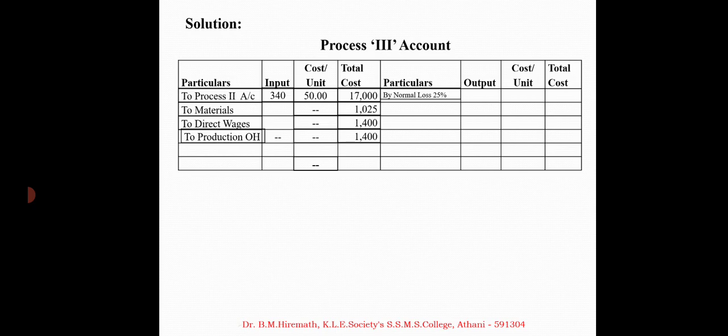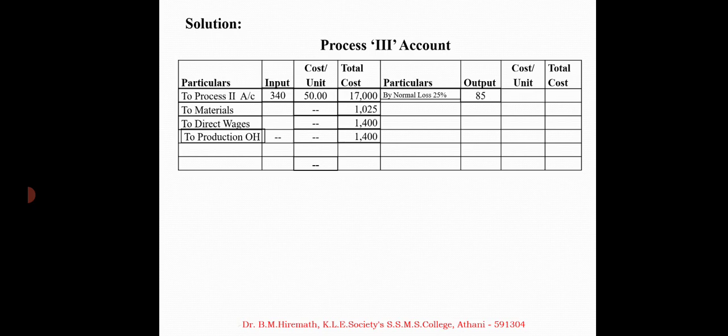Normal loss of process 3 account is 25% of the input. Total input for process 3 account is 340 units. 25% of 340 is equal to 85 units.